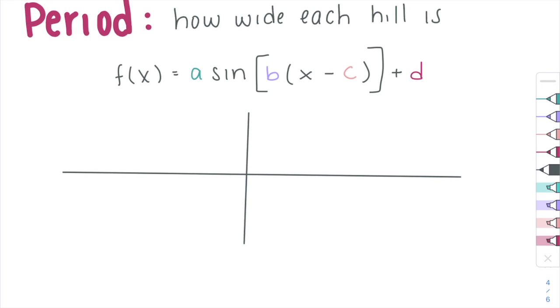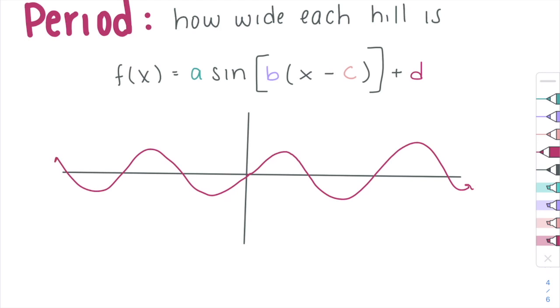And if we're looking at a picture of the period, I'm looking at my regular sine graph. The period is how long it takes the sine graph or the cosine graph to complete one full revolution around the unit circle. So the period is going to be from 0 to 2 pi. So it's one full pattern, so there's our period.